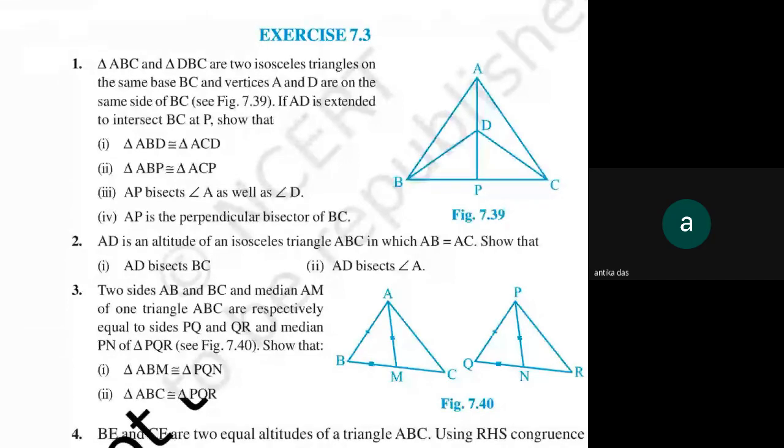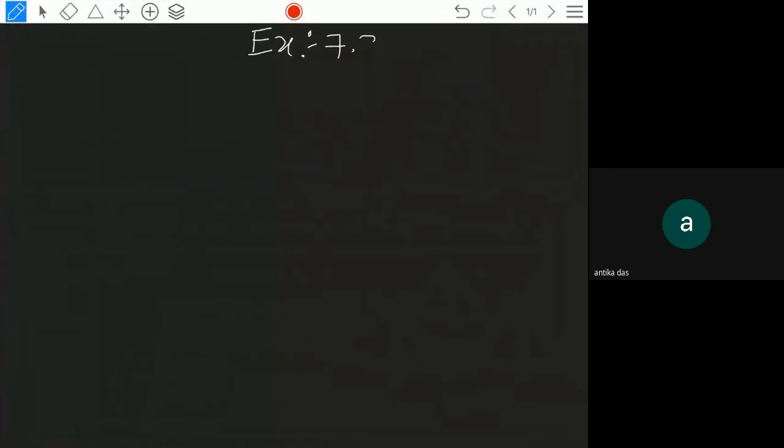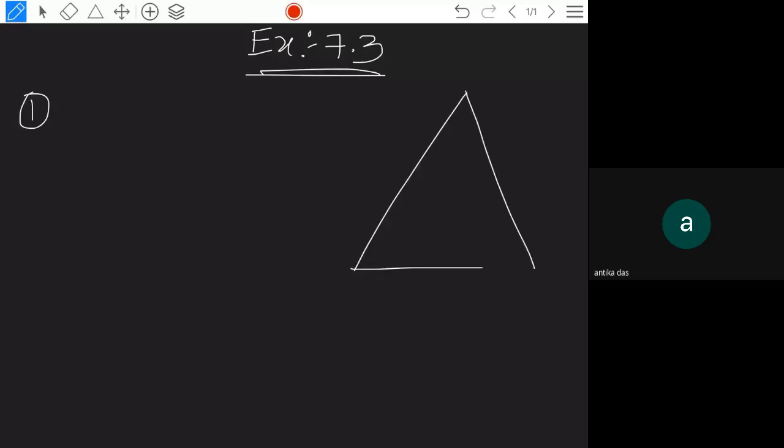I'm going to draw this one. It has crossed, okay. P. This is the figure given.